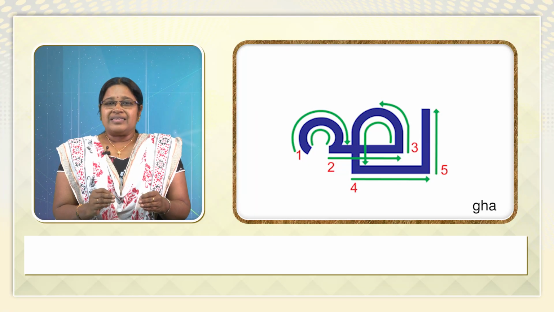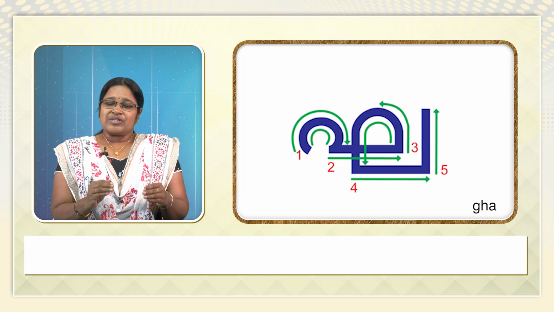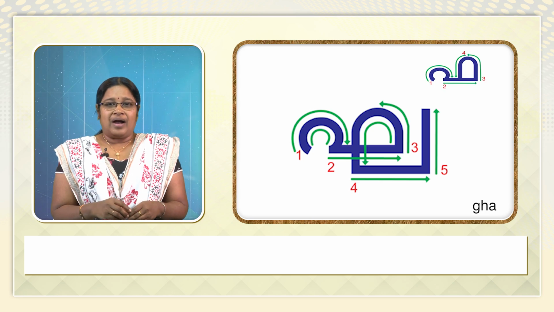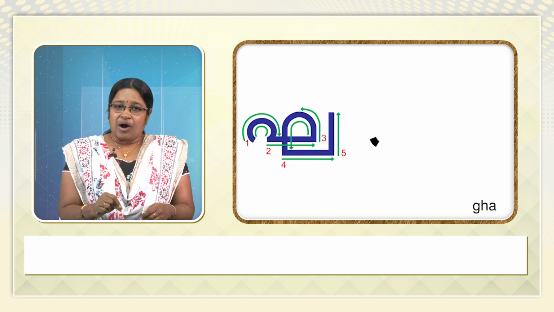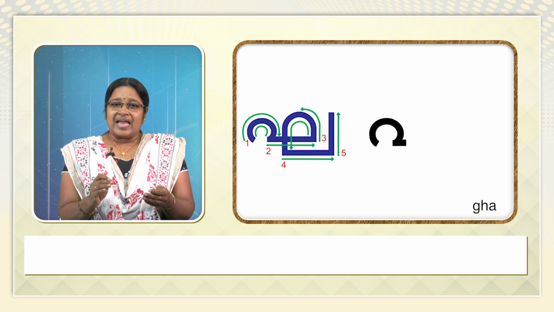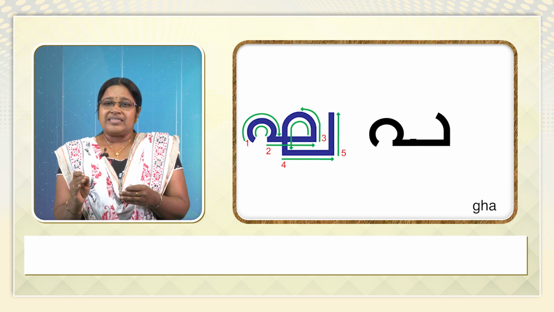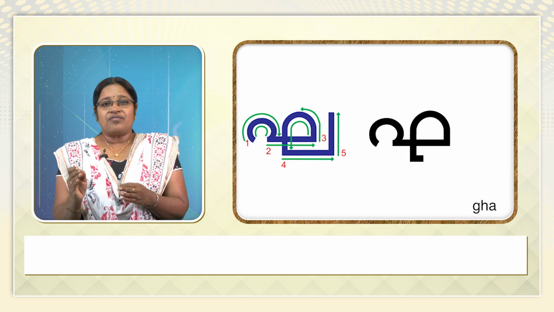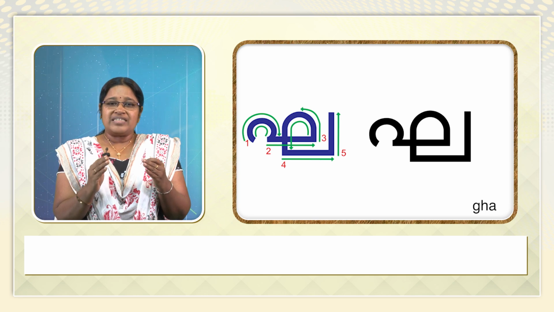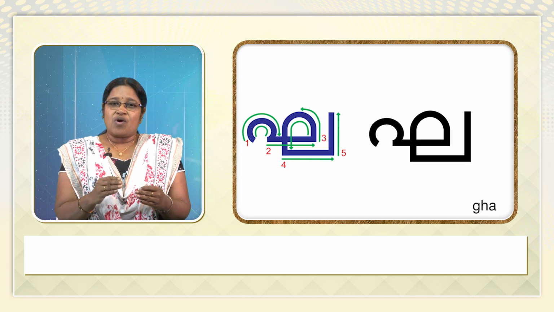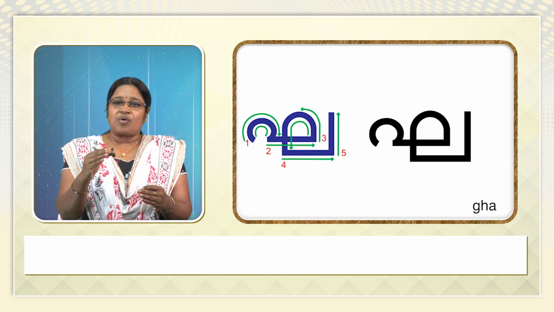To write this letter from the stopping point of Pa, pen point bring little down and make a sleeping line similar to stroke number 4. From there, add one standing line towards up like stroke number 5.